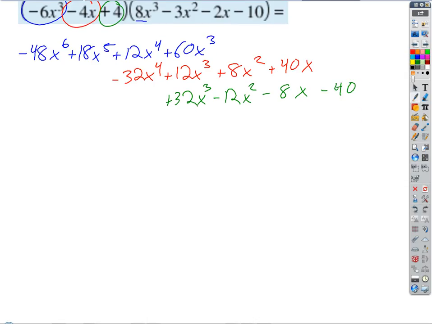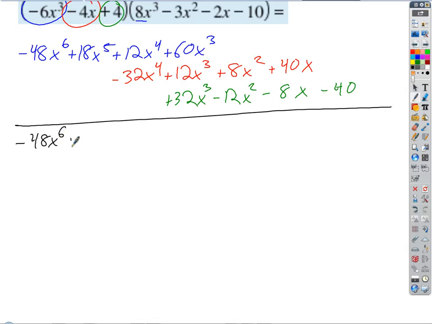And now all I've got to do is just add those up vertically, right? So this one is easy. There's only one term. That one's easy. What about here? We got x to the fourth, positive 12 and negative 32. Negative 20. Negative 20 of those. How about this one? Let's see.